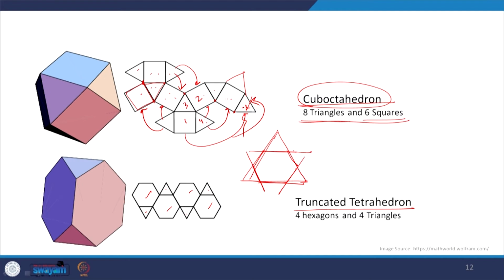So we have to first calculate, approximate what is the size of this that we are going to get, and then we will be able to join it. So this is for truncated tetrahedron. It is simple. It is not very difficult.